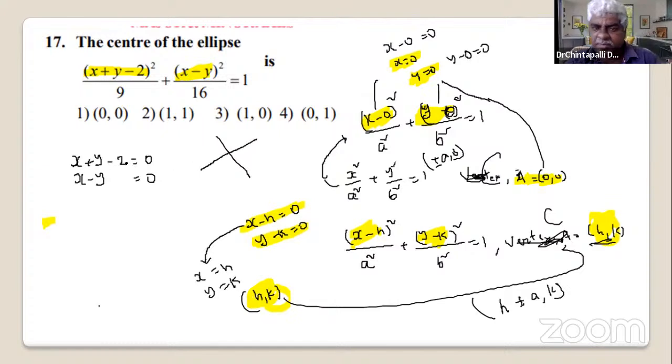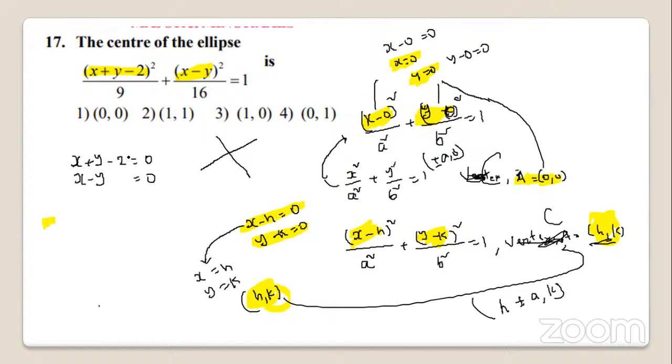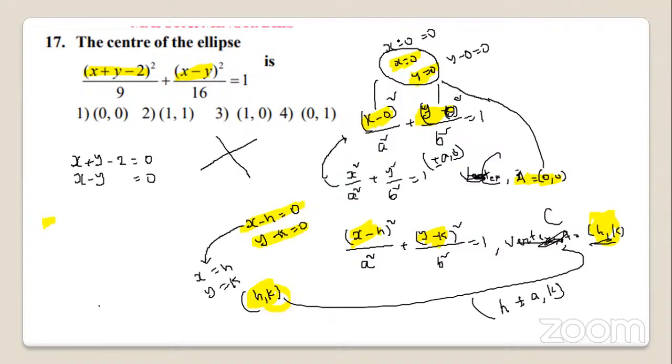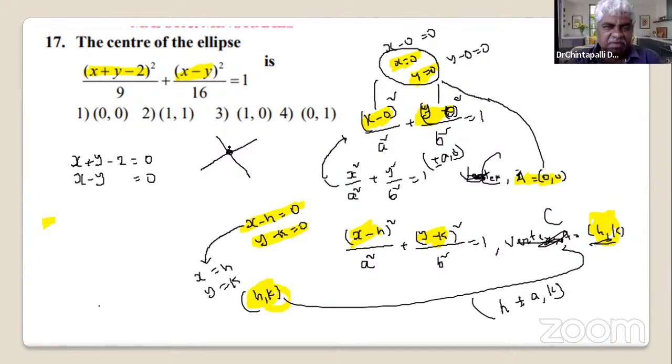Observe, these two lines are perpendicular. That means the y-axis and x-axis are perpendicular lines. Anyhow, it is nothing but the center. The center of this ellipse is the point of intersection of these two lines.